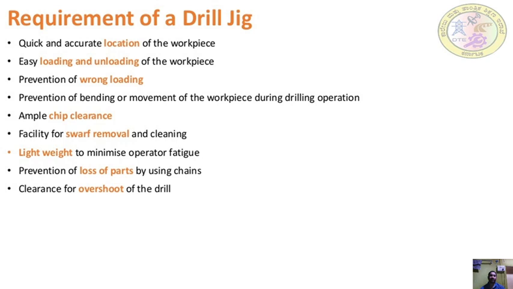Prevention of bending moment of the workpiece during the drilling operation. Ample chip clearance, facility of spot removal and cleaning, lightweight to minimize operator fatigue, prevention of loss of parts by using chains, and clearance for overshoot of the drill. So these are the requirements of a drill jig.